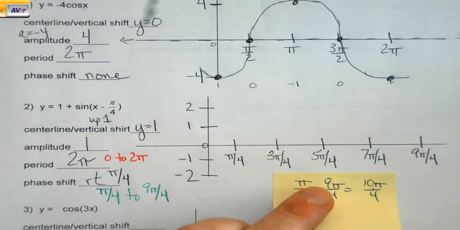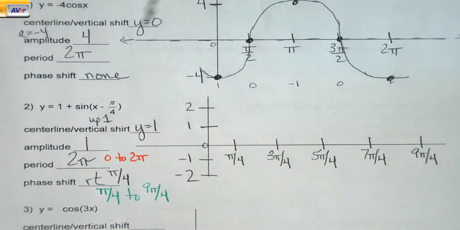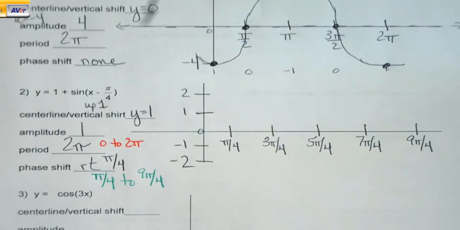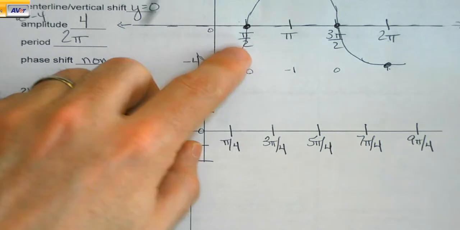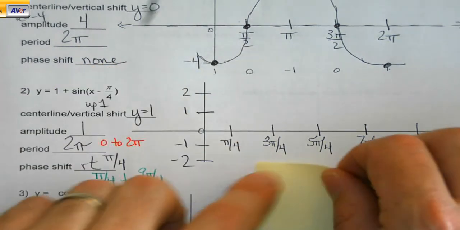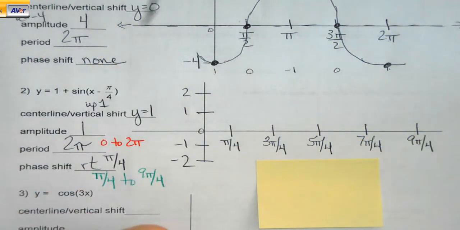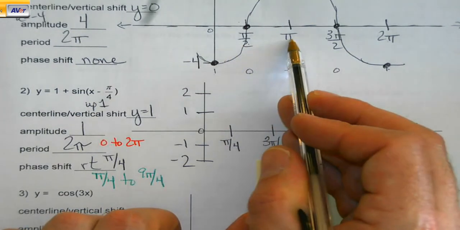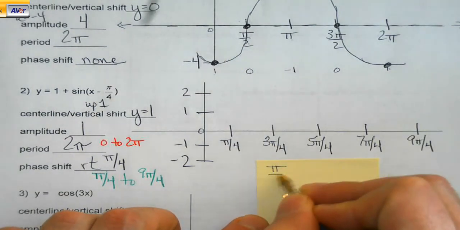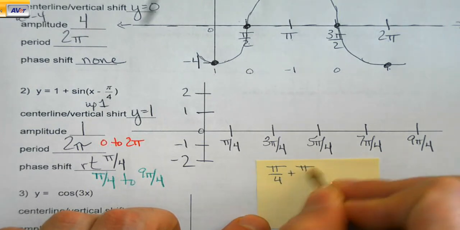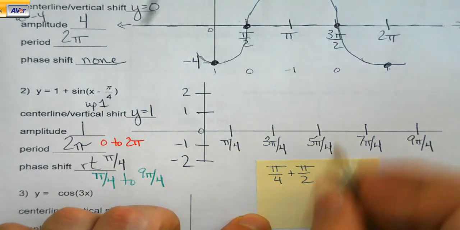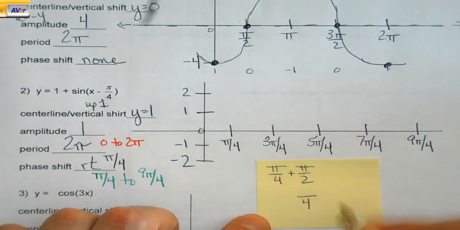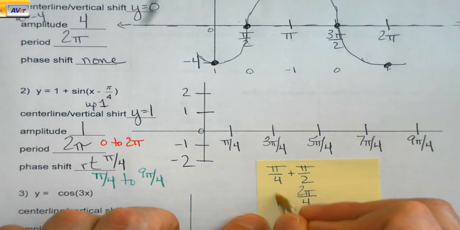7. Now, the other thing I'll mention here, especially now that we see what the angle measures are going to be, the other way I could have tackled this is what we did up here before, when we were first starting to calculate these before we'd have them memorized. We'd have said, hey, they're going up by pi over 2 each time. So if I take pi over 4 and add pi over 2 to it, pi over 2 with a common denominator becomes 2 pi over 4.